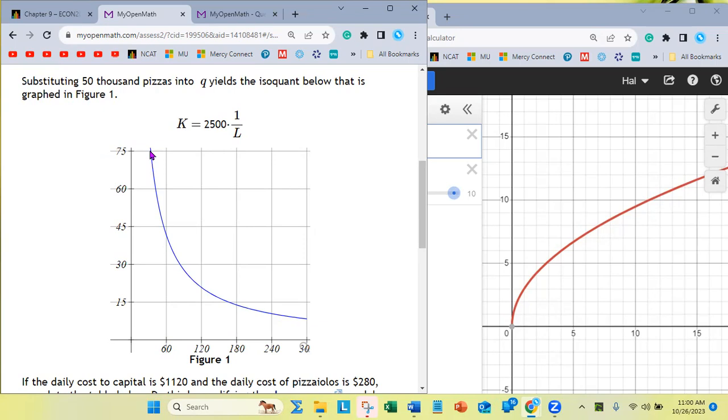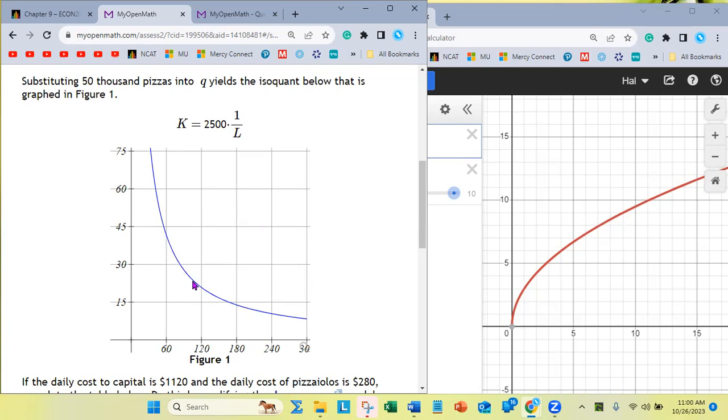That combination of capital and labor will produce 50,000 pizzas per day by assumption, right? If I increase labor to 60 and I hold pizza production constant at 50,000, then I would only need about 42, 43 units of capital to produce the 50,000 pizzas per day.